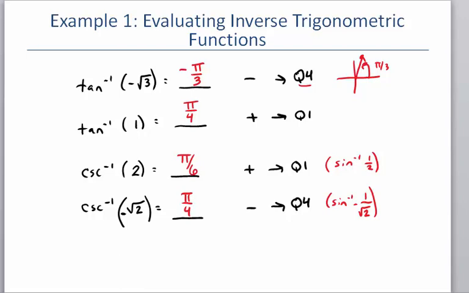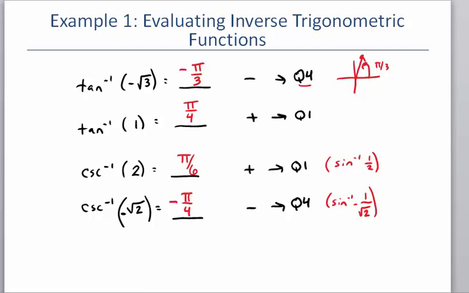So pi over 4 is in quadrant 1. How do we move that to quadrant 4? We simply rotate down and put a negative. So you want to realize that on a sine, a tangent, and a cosecant, going to quadrant 4 simply means putting a negative on the quadrant 1 answer.